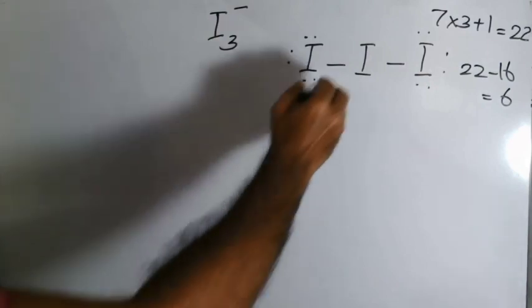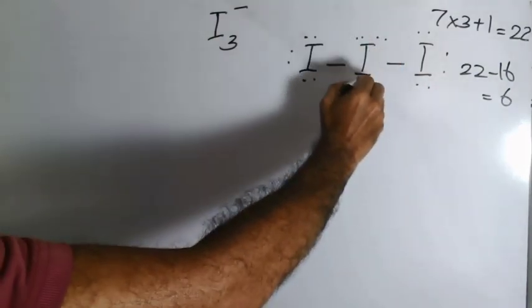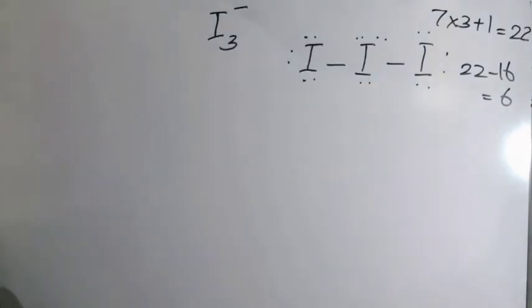So they should go to the center iodine atom, available as lone pairs. When we look at the center iodine atom, now it has 3 lone pairs and 2 bonding pairs.